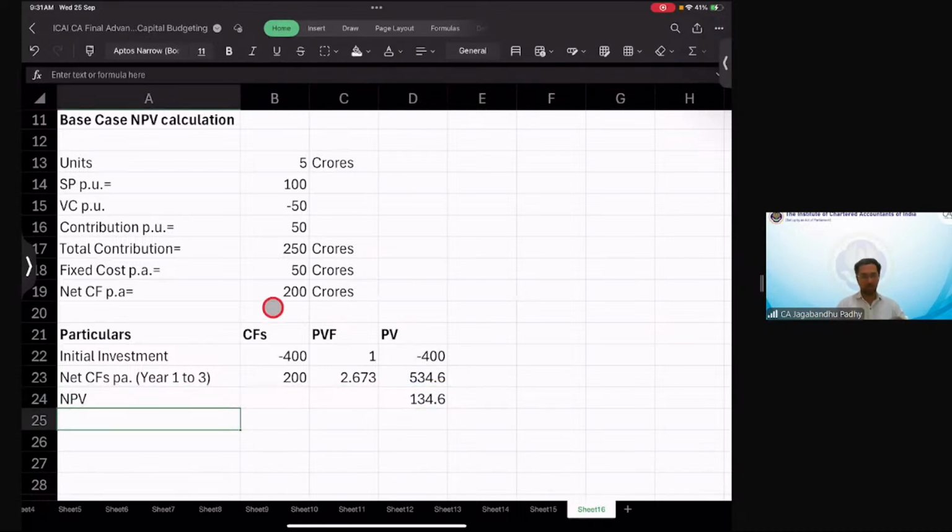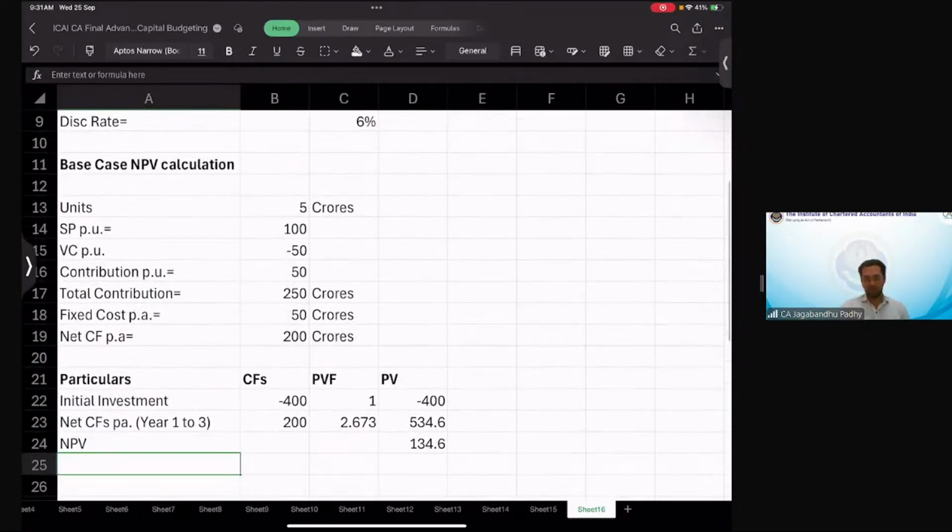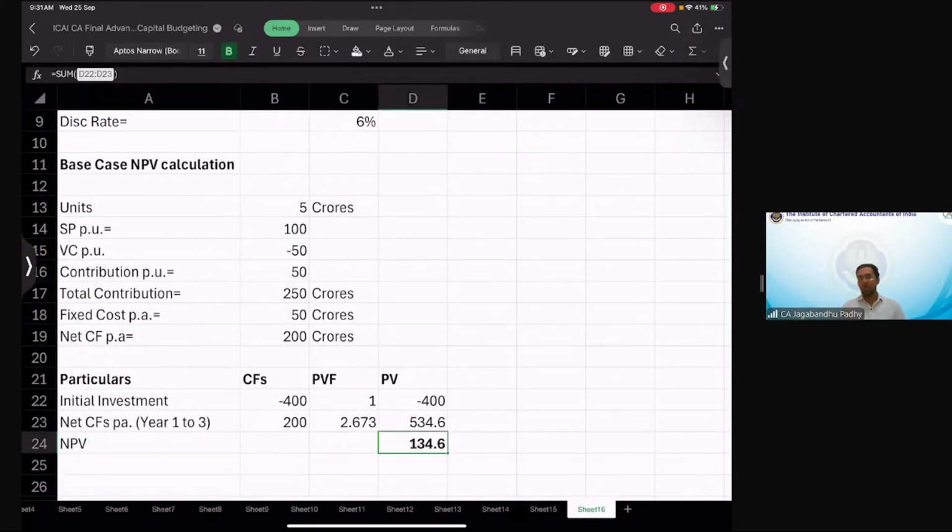So in the prevailing situation, based on the current data given, we can find that the project has an NPV of 134. So of course, the project should be accepted. But our task over here is not to identify whether the project should be accepted or not. Our task is essentially to calculate the sensitivity, or the degree of impact on NPV due to change in one of the factors.